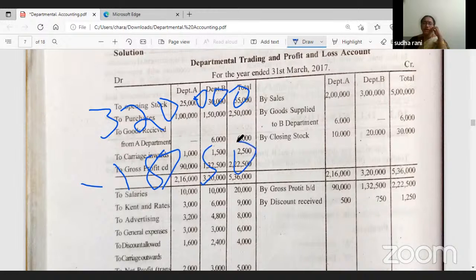How much will you get? Can someone please tell? 500 you will get here, and 2 here. 1,32,500. Anyway, you are getting that. Right?